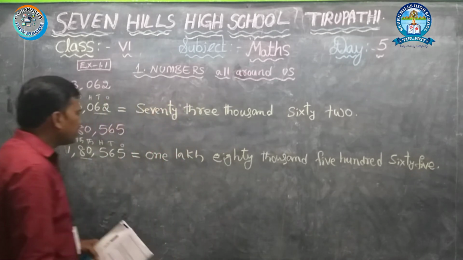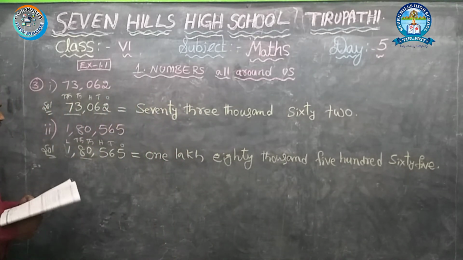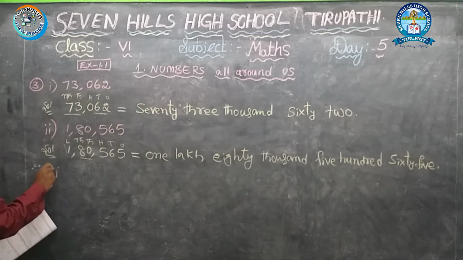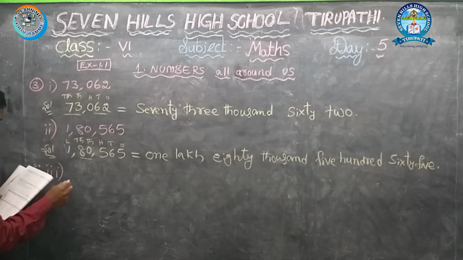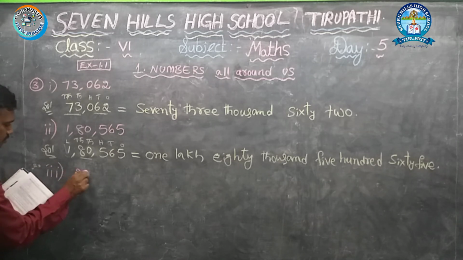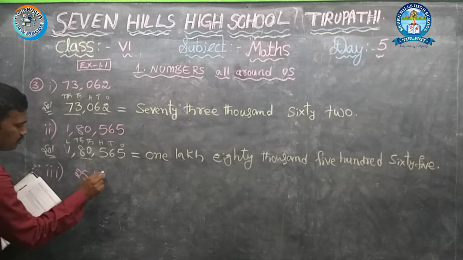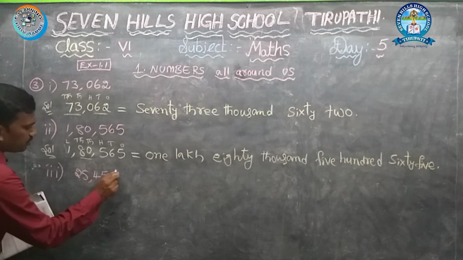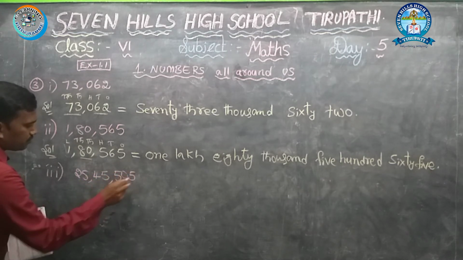So this is the number name for this number. Now here the third one is 2545505.